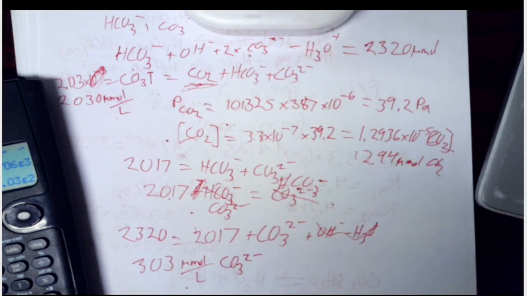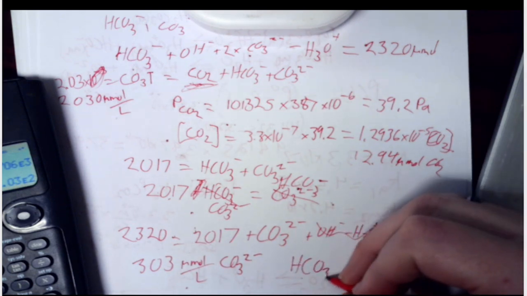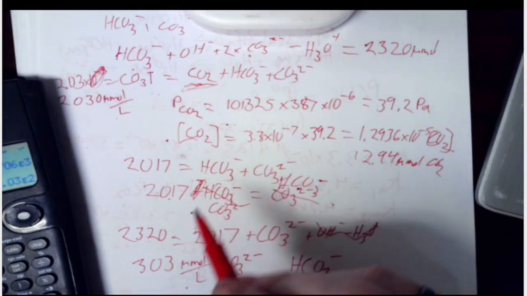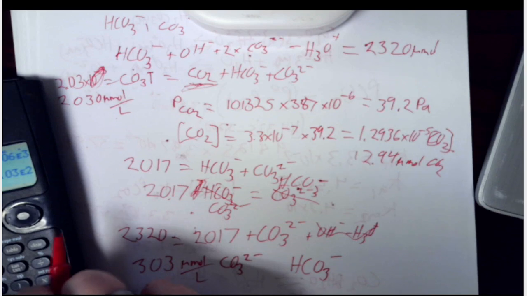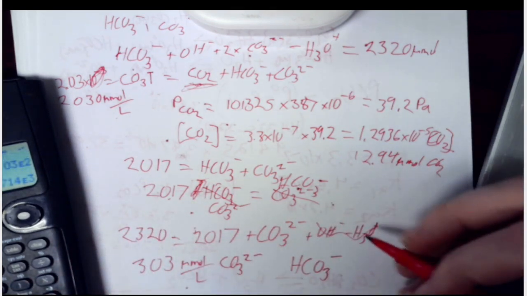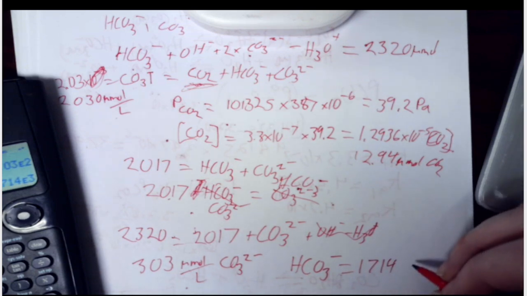And then that means hydrogen carbonate must be the missing amount. So 2017 minus 303 would be 1714 micromoles per liter.